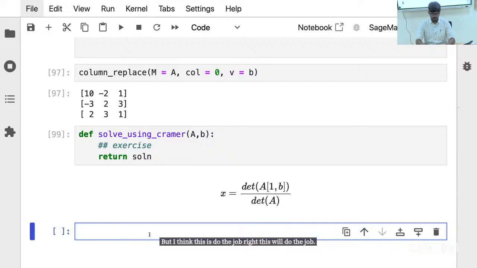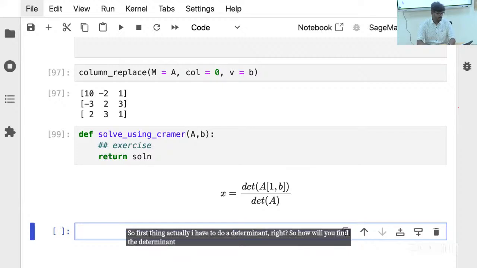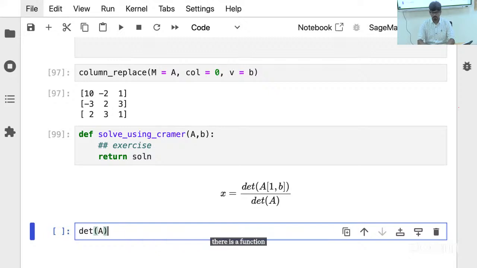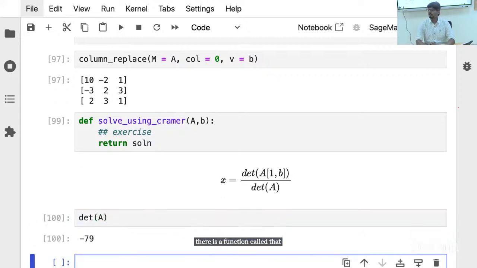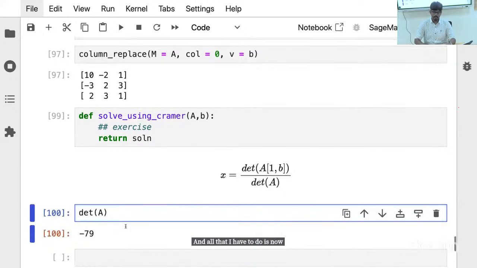So how will I find X now? First thing I have to do is a determinant, right? So how will you find the determinant of A in SageMath? There is a function called det. Anything you think will be a function here. So that will give the determinant. And all that I have to do now is do it on A, where the first column is replaced by B. So how do I do that?